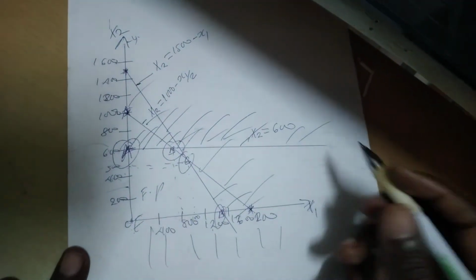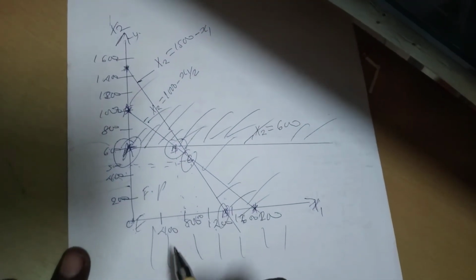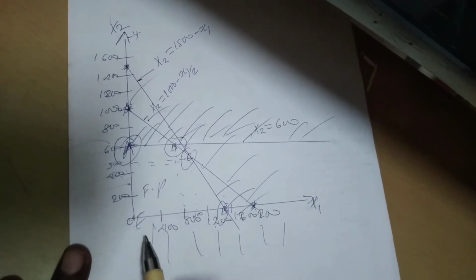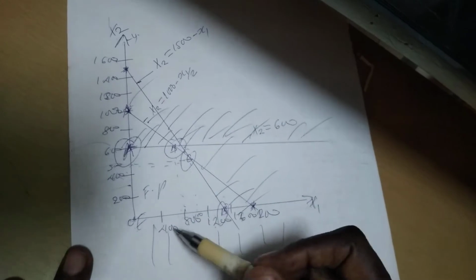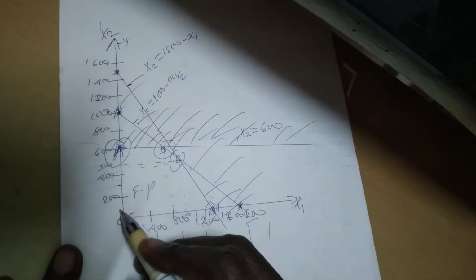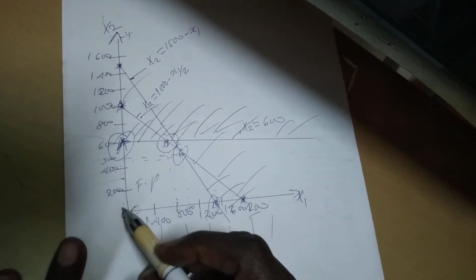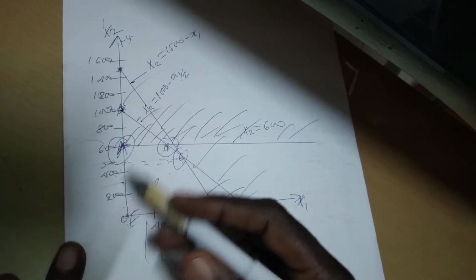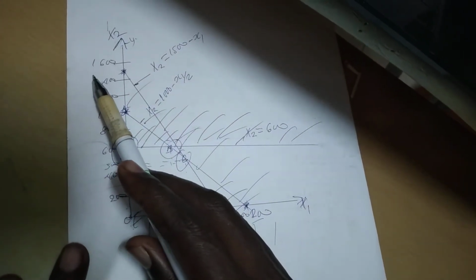Now, in our plotting, identify the range. The range of our plotting as far as x1 is concerned will be 400, all the way to 2000. In our y-axis, we identify our range to be 200, so the highest point will be 1600.